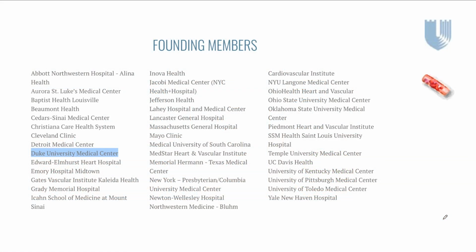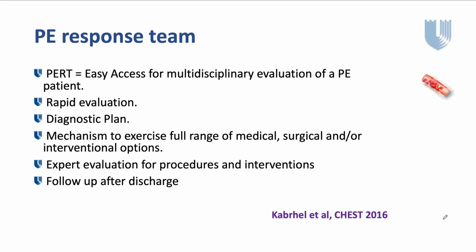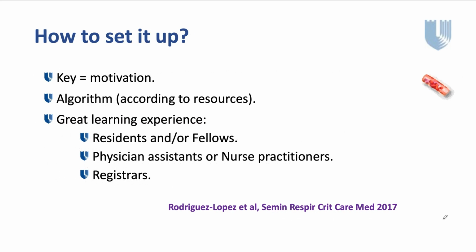Thankfully, Duke University is a founding institution for this great organization, and the PE response team is basically an easy access of multidisciplinary consultative services that come together to discuss a case in a very rapid fashion, an evaluation kind of maneuver. It's usually achieving a diagnostic plan, and it also arranges for steps and interventions for the next step afterwards.